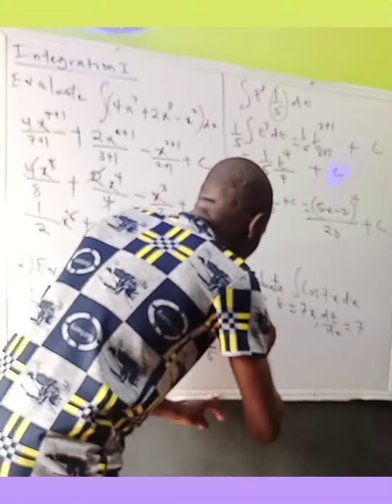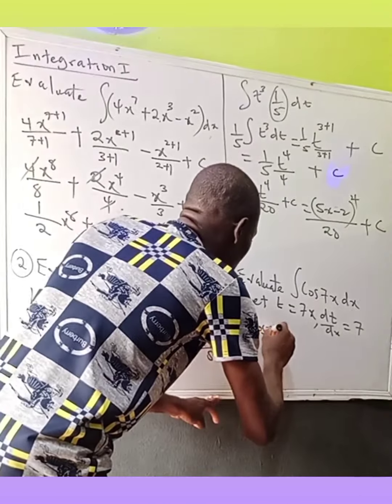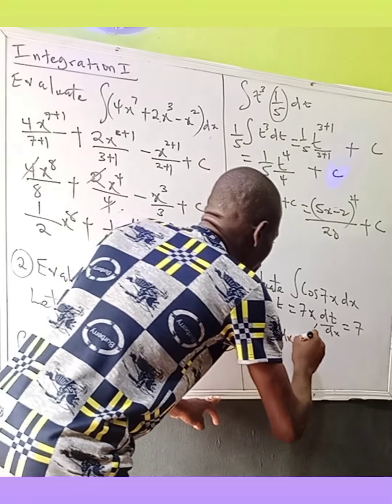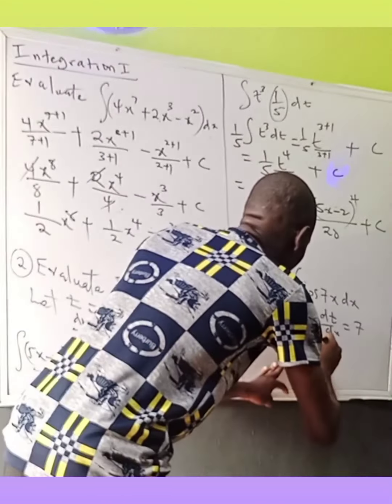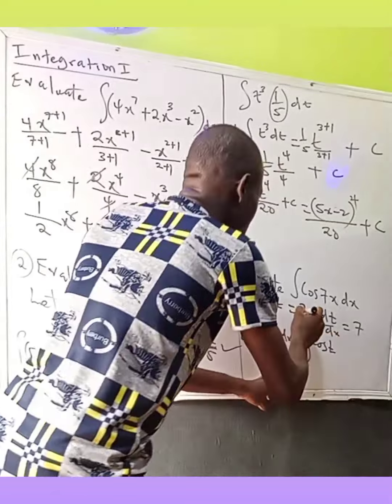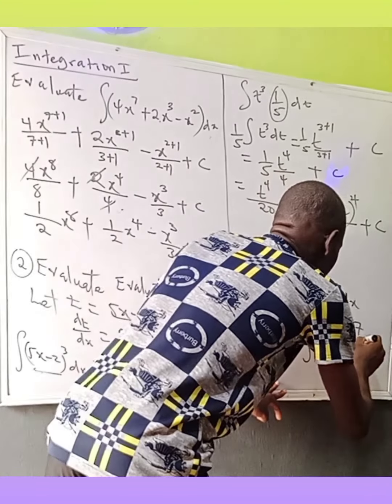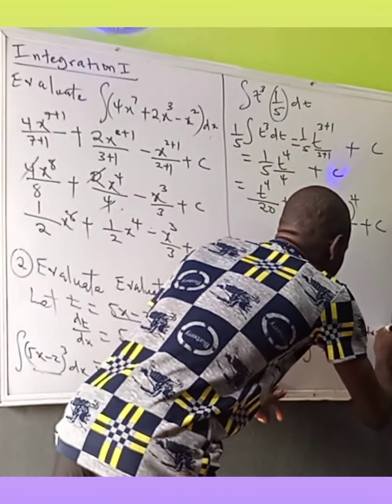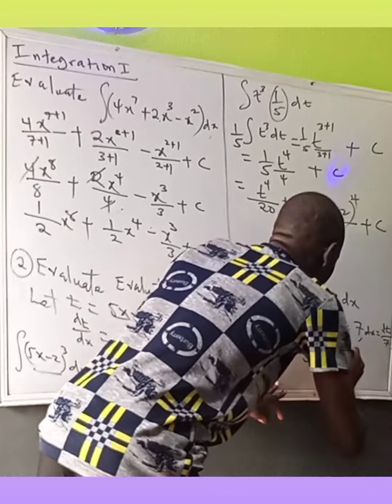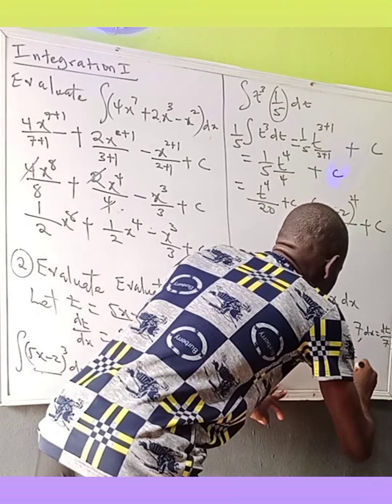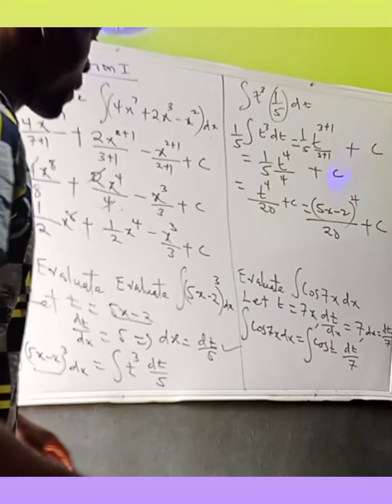So what we are going to do is have the integral of cos 7x dx equal to the integral of cos t, because our t is now replacing 7x. Then our dx here is equal to dt over 7. So this place will now have dt over 7.